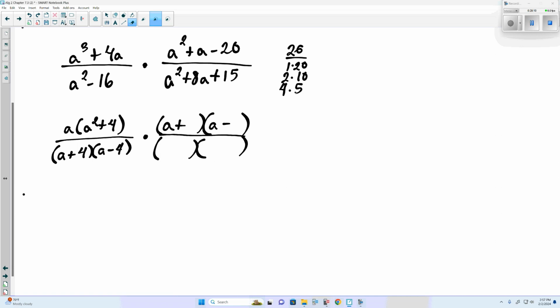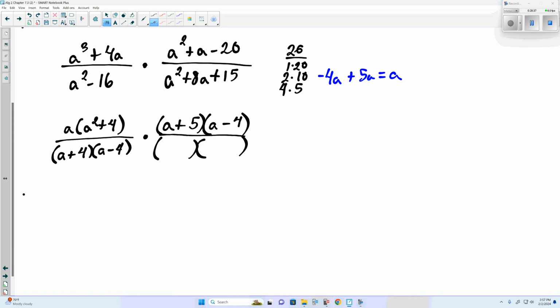Which one's positive, which one's negative? Well, we can just pick 4 negative, 5 positive. And if we check this, A times negative 4 is negative 4A. 5 times A is plus 5A, giving us a positive A that we wanted. So those are our two factors.